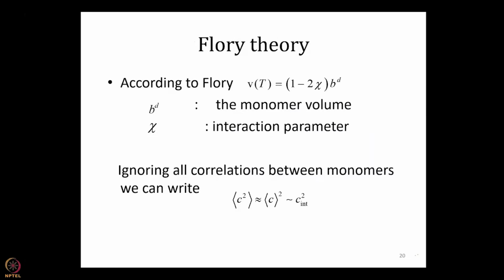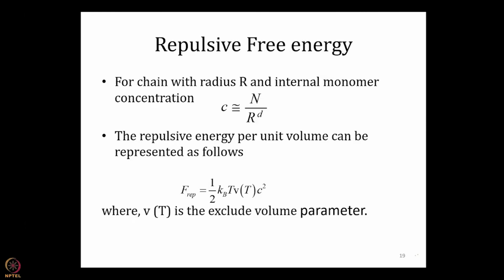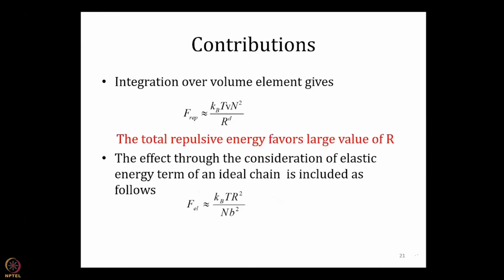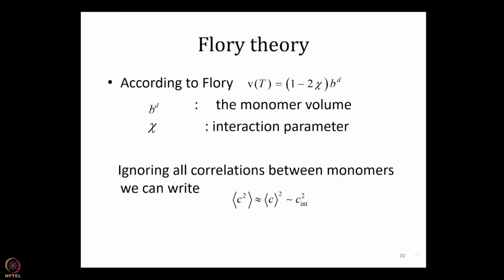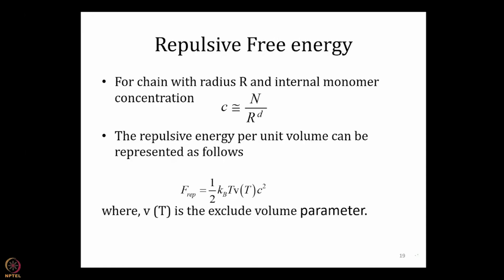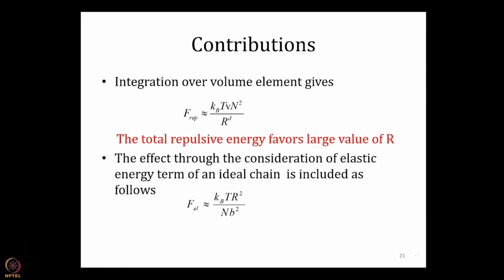If I integrate this C square over the volume element R to the power D, then I get the total repulsion energy as N square, because with the N here, I take all the monomers, then I get N square. So integration over the volume element essentially means taking all the things.